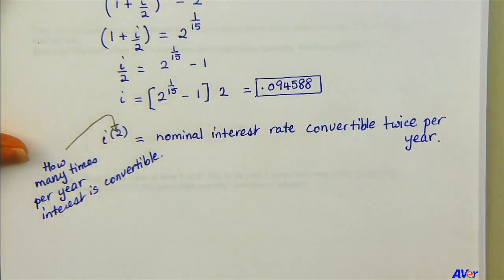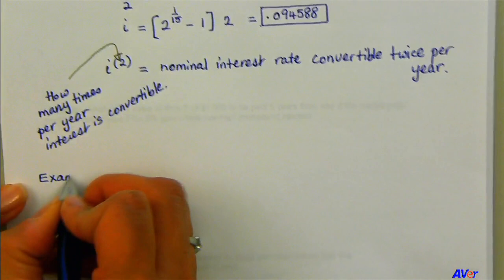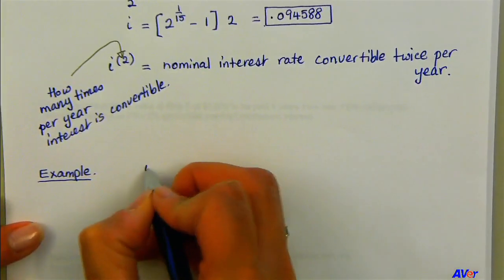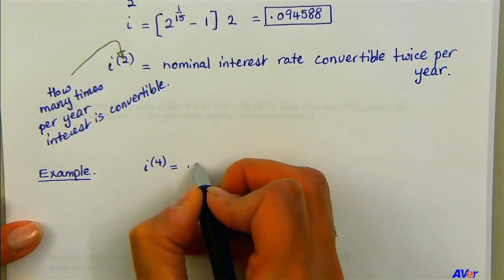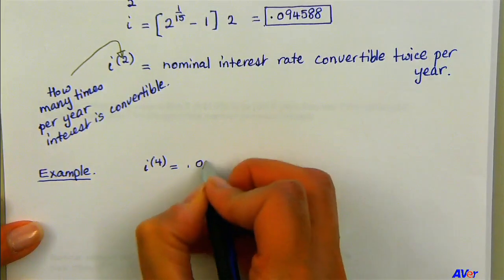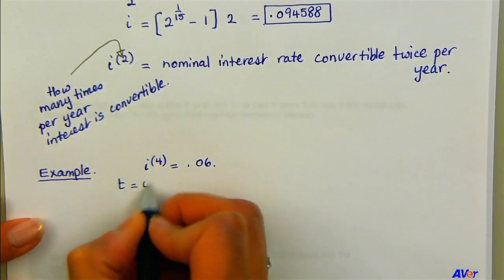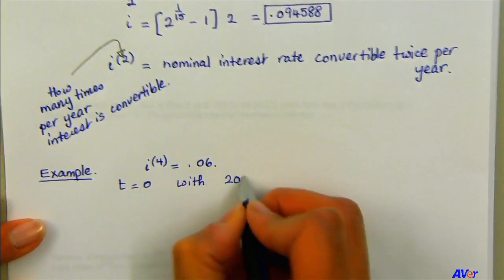Let's do another question. I'll make up an example. I4 is equal to 6%. Start at time 0 with $200.